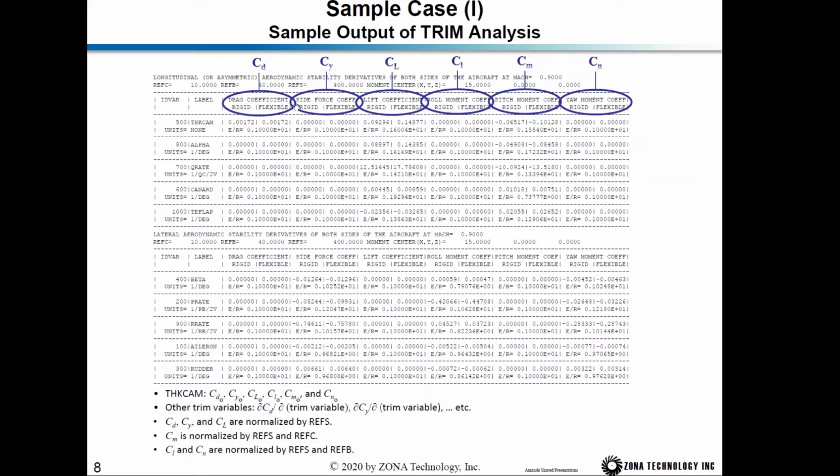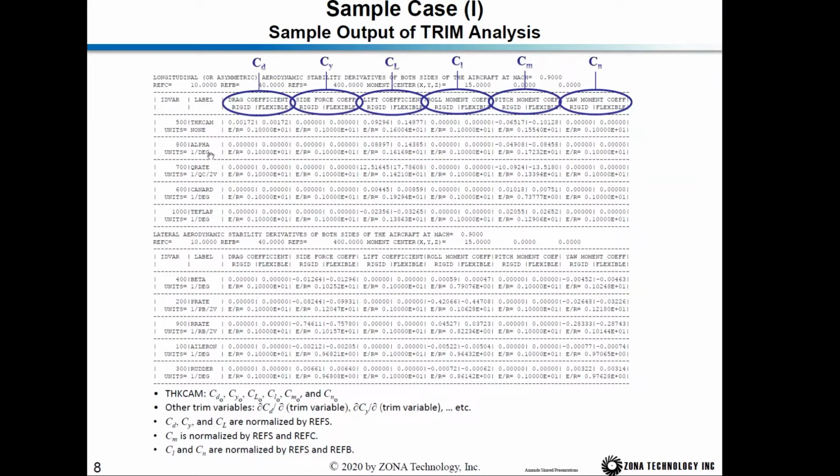And all the forces are normalized by the reference area, and the rolling moment and yawing moment are normalized by the reference area and the reference span, and the pitch moment is normalized by the reference area and the reference chord. And all the moment center is at this value. They are specified in the AEROZ card. And so this is thickness.